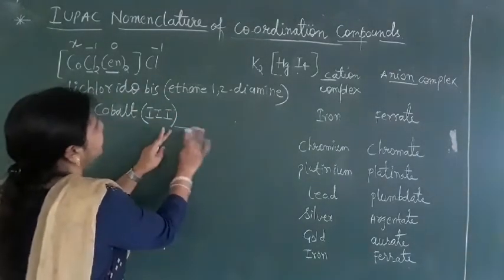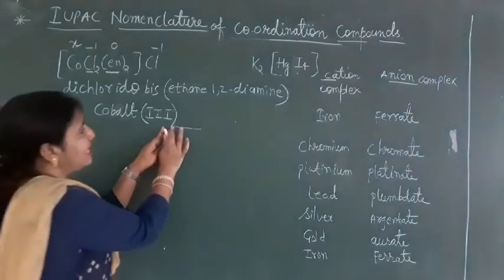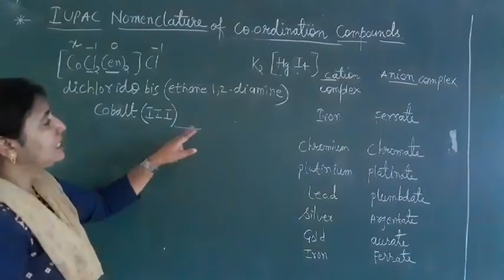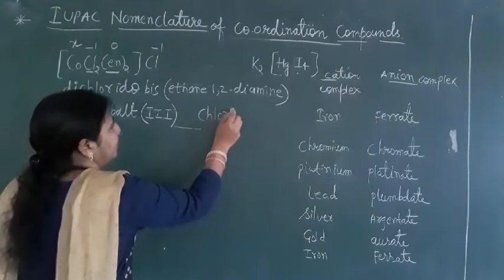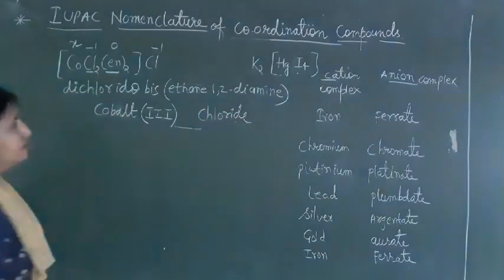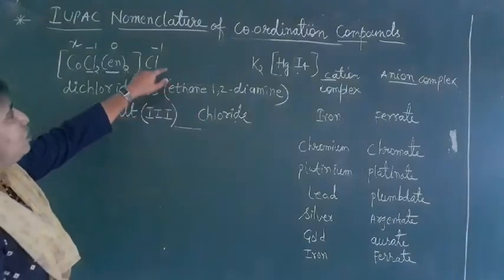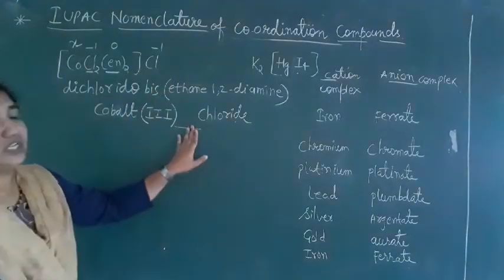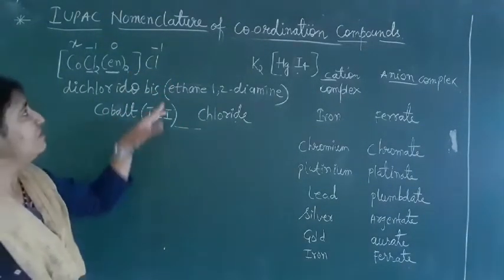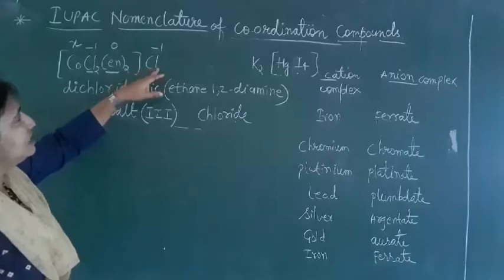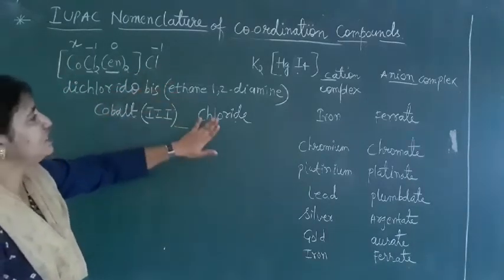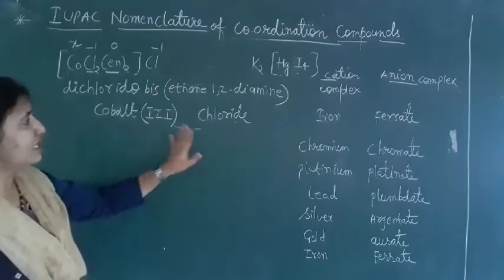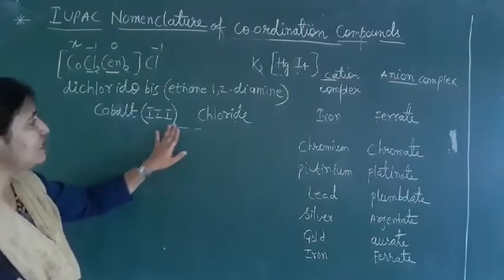Don't write the anion name continuously. Here chloride will come. If we have 2 chloride, 3 chloride, Cl2, Cl3, Cl4, don't mention the number of chlorides. Just write chloride. Like this you should write the name of the complex.